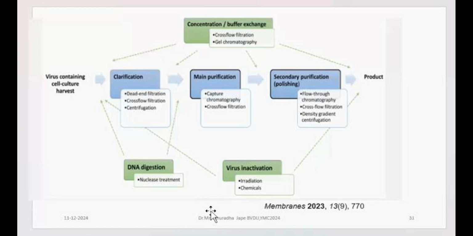Hello, good afternoon. Today we have to talk about applications of affinity chromatography.